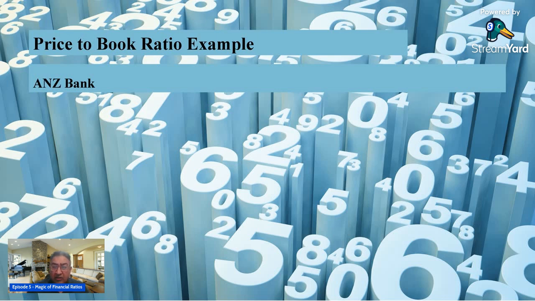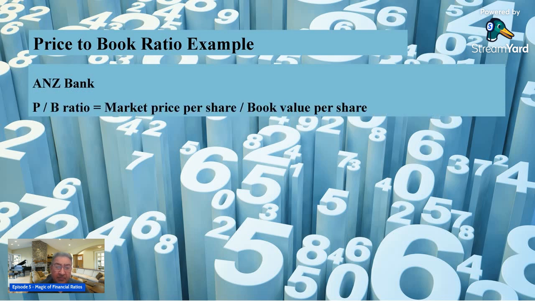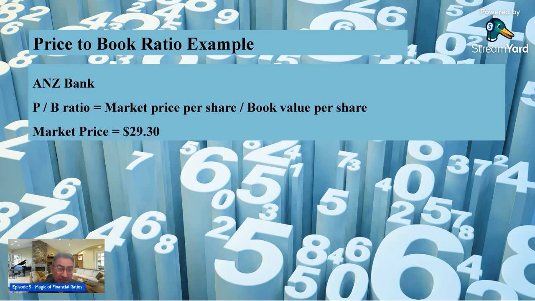One of the four large banks here in Australia is ANZ Bank. It has a good dividend yield. It pays dividends twice a year and has been consistently paying dividends since 1979, and in most of these years has increased the dividend. A quick reminder of the PB ratio being the market price per share divided by book value per share.